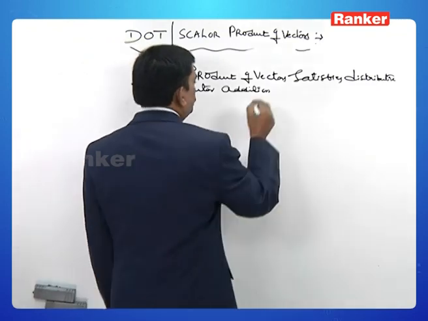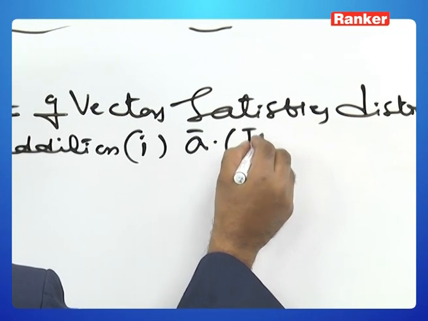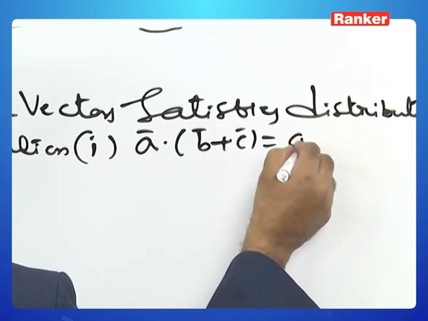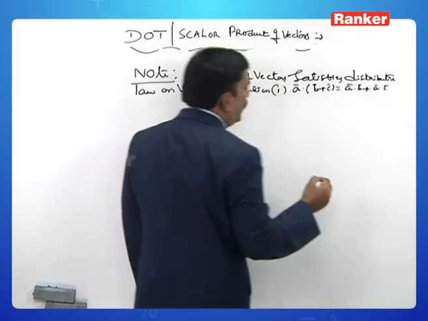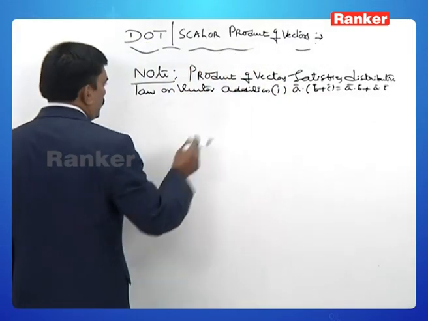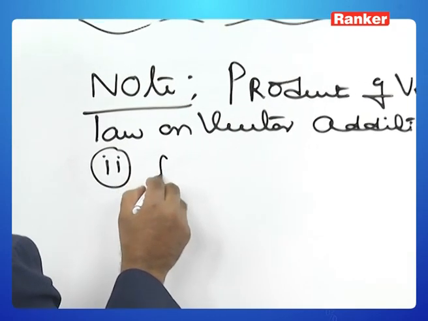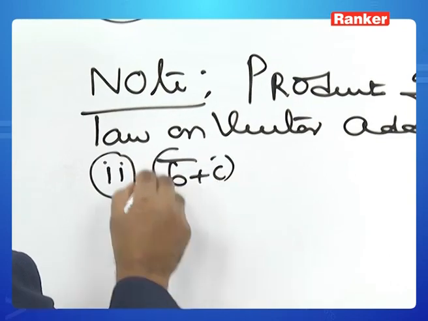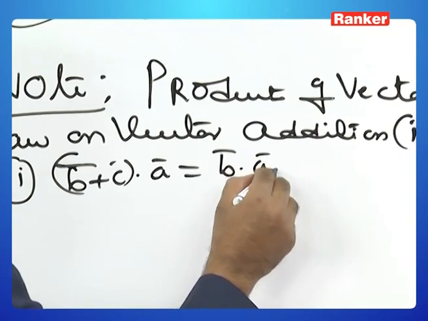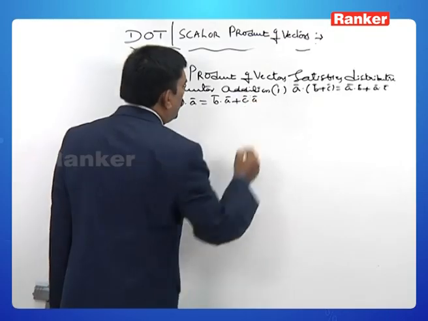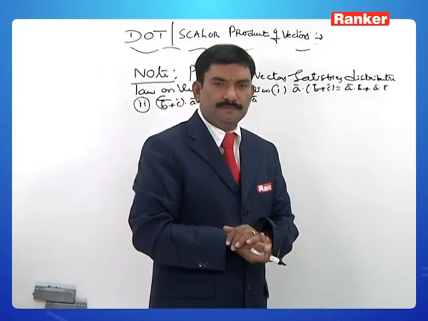That is, A bar dot B bar plus C bar is equal to A dot B plus A dot C. This is the left distributive law. Second one is B bar plus C bar dot A bar is equal to B dot A plus C dot A. This is the right distributive law.